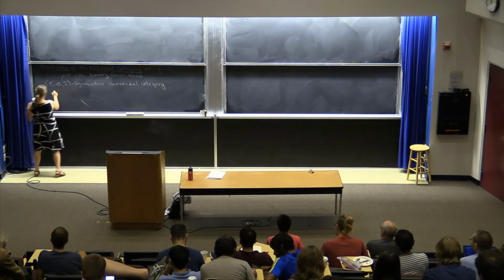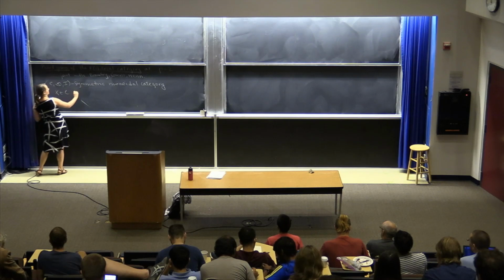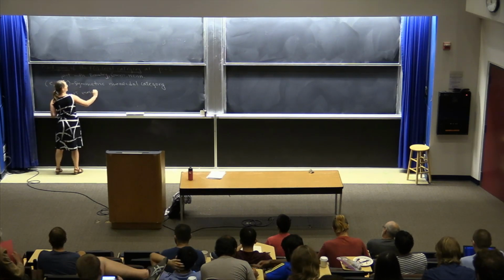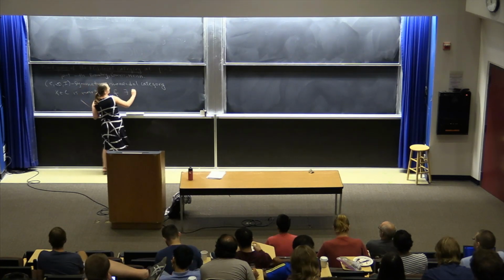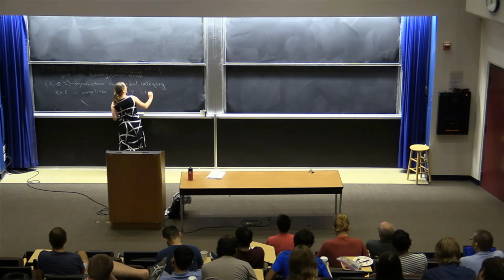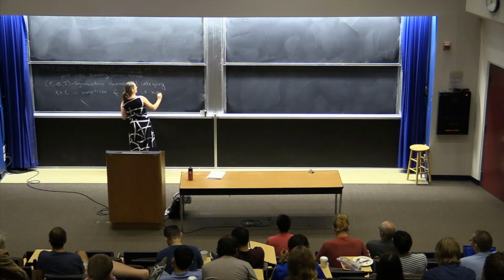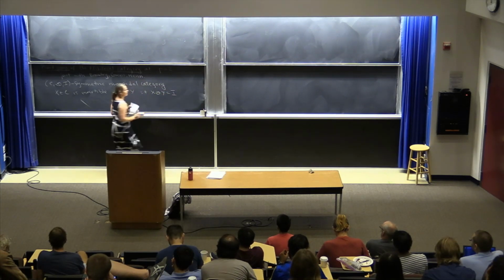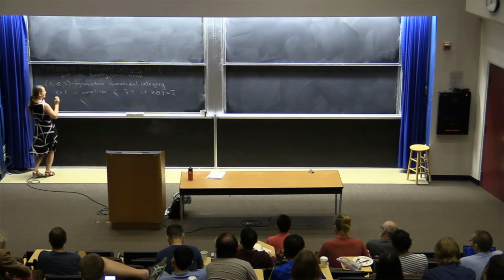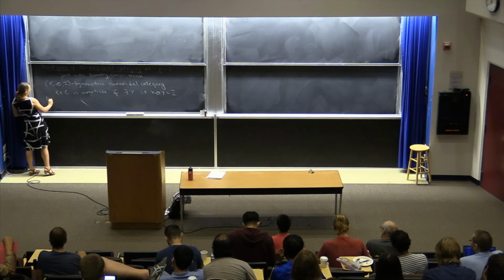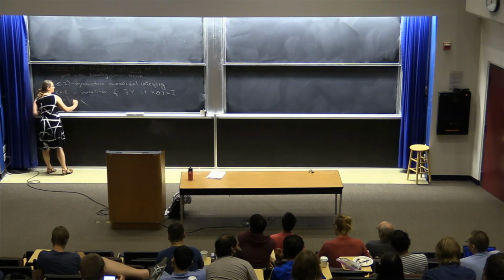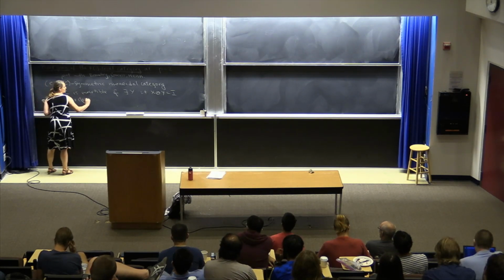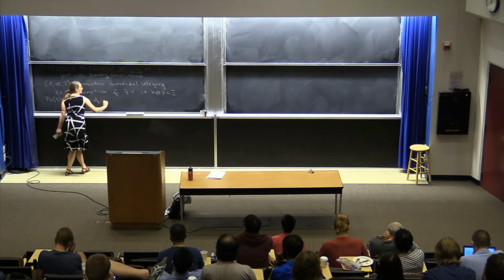An object in the category is invertible if there exists another object such that this product gives you back the unit of your category. And then the Picard group consists of isomorphism classes of invertible objects.